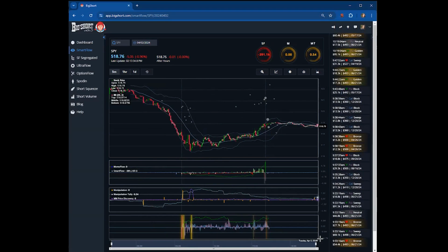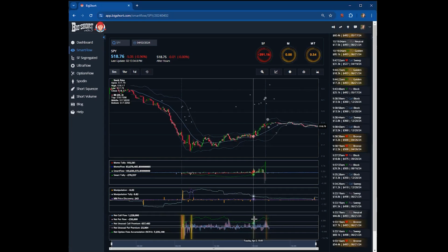Bronze sweeps are large volume, high premium option sweeps that our algo has identified as bearish. And golden sweeps are large volume, high premium sweeps that our algo has identified as bullish. And gray sweeps are large volume, high premium option sweeps that our algo has identified as neither bearish nor bullish, but we still show them on our chart.